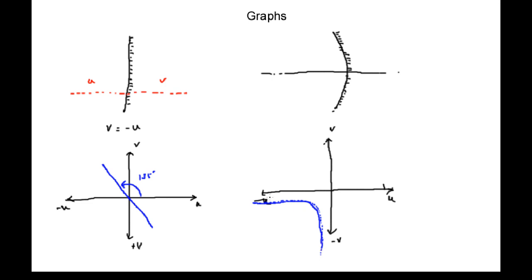Its asymptotes will be passing through this point, which is the focal length. Fine.